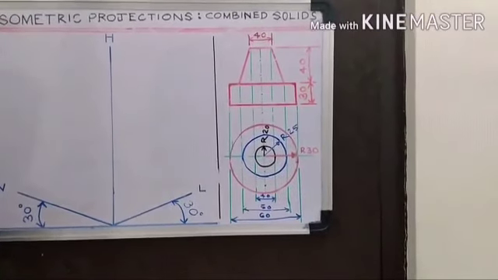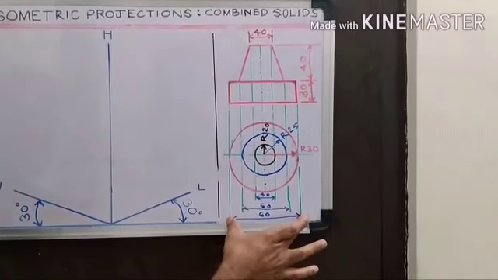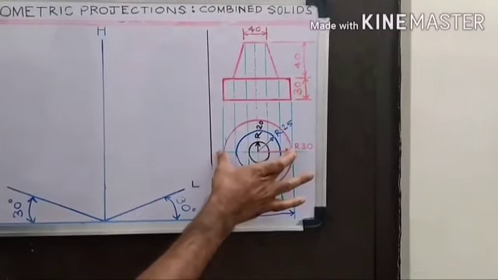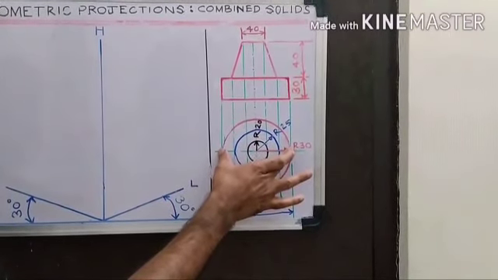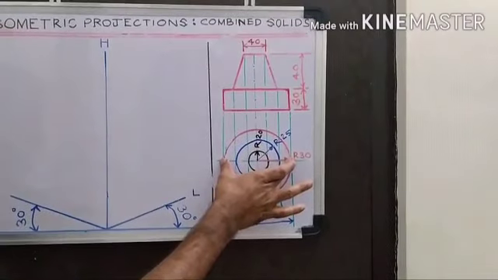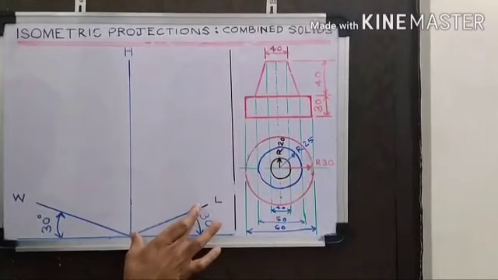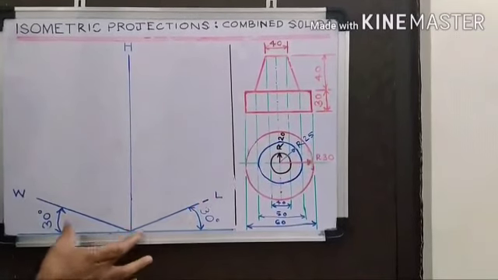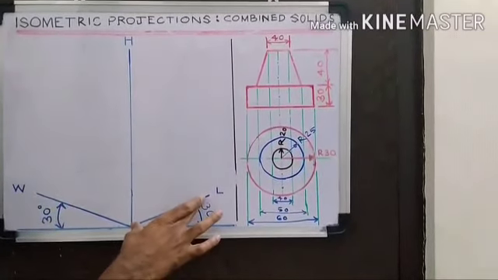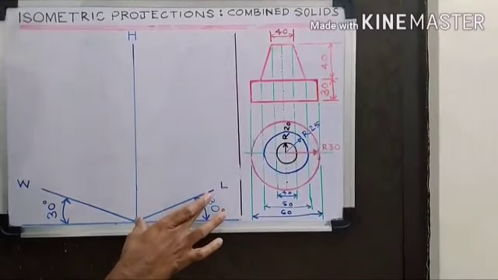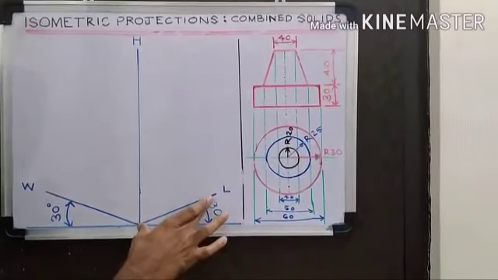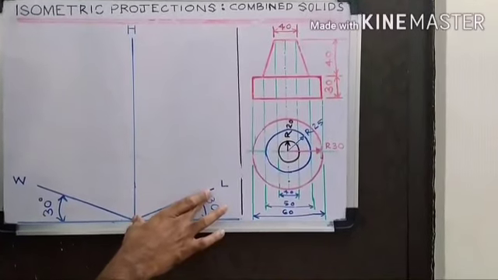Isometric scale length projection of 60. I am measuring this from the cylindrical slab bottom diameter. This is the slab diameter. Measuring it. Similarly, this length, by using a compass, you have to locate on the length axis.